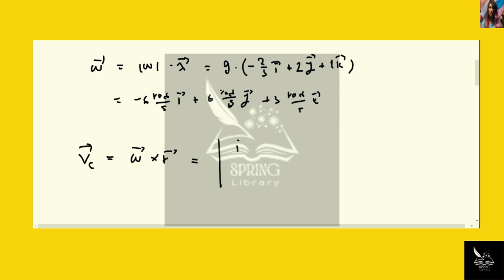So then we place in the components. This is going to be a plus. Components of the first vector in the cross product, then the second vector in the cross product, and then we start.